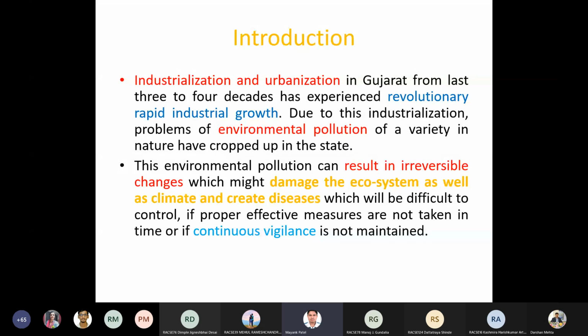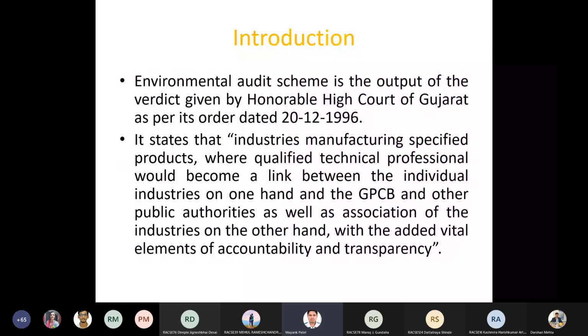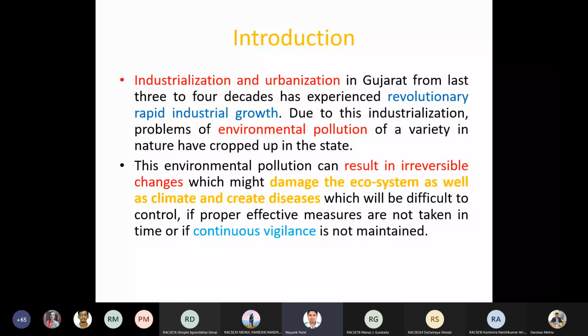For example, what the industry has implemented as far as cleaner production is concerned, all these things fall under the general category, whereas there will be product details also, wherein you need to mention the details of the product. All these details will be in this report. So accountability and transparency will be maintained when you do this environmental auditing.